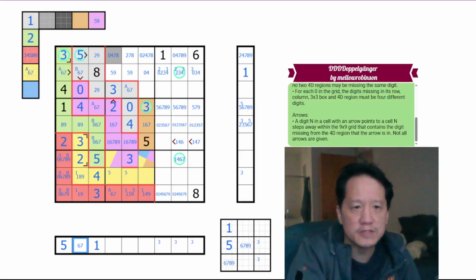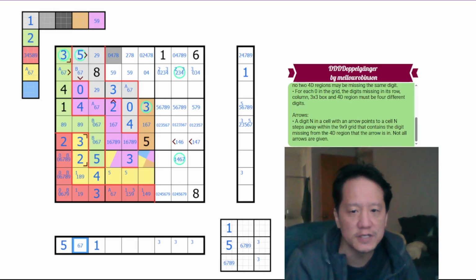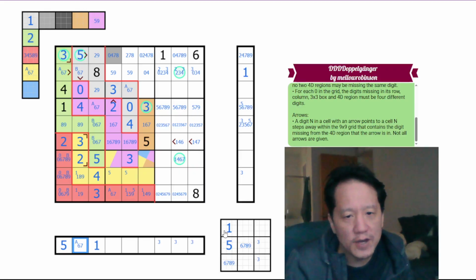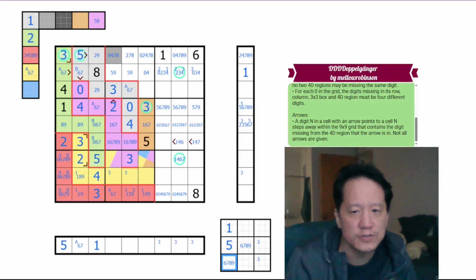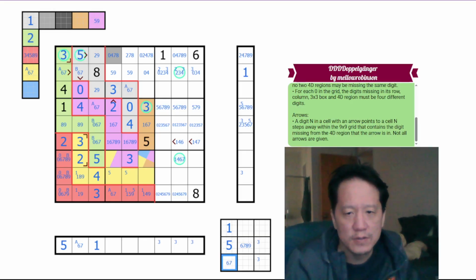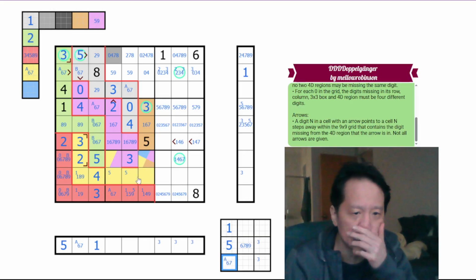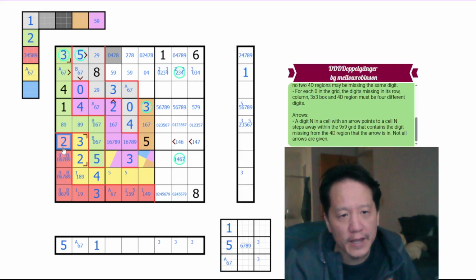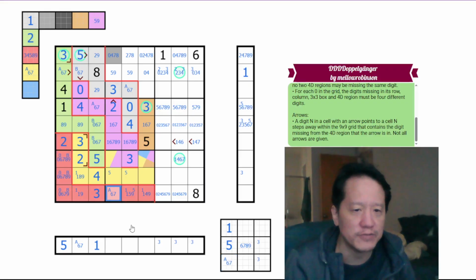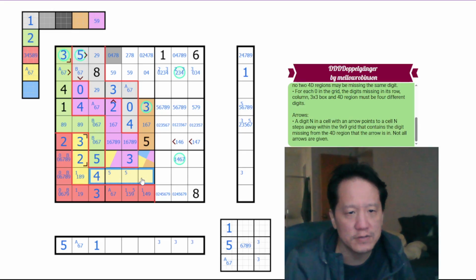So this has to be 6 or 7 missing, which is missing A. So that means in box 7, we have to be missing the A, 6 or 7. Interesting. So red cannot be missing. Well, it's obviously not missing the A, 6 or 7. Yellow is missing the A, 6 or 7.